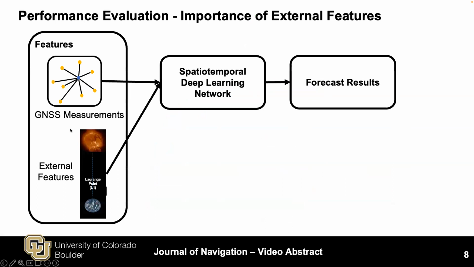Recall that in addition to the GNSS measurements, we have also used external features like solar wind parameters. Both are employed as input to the spatiotemporal deep learning network to forecast the scintillation. Here we investigate the importance of these external features. By excluding the external features, we could forecast the scintillation by only inputting GNSS measurements to the model.